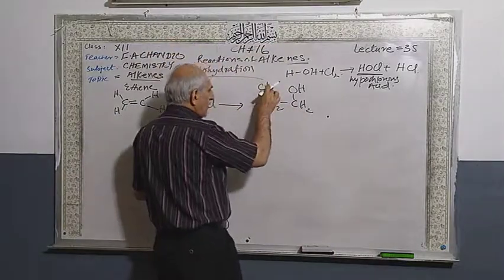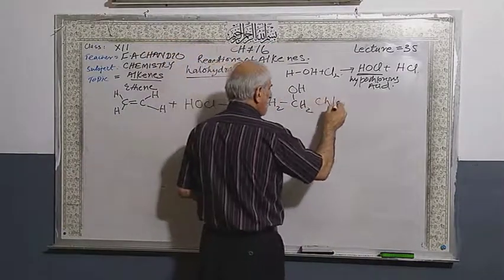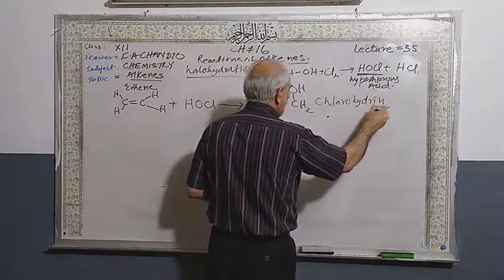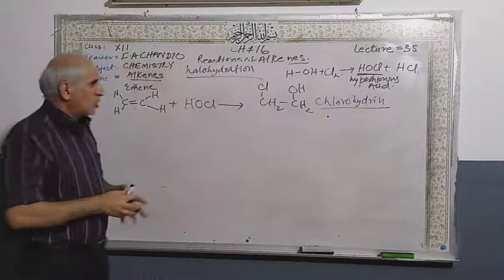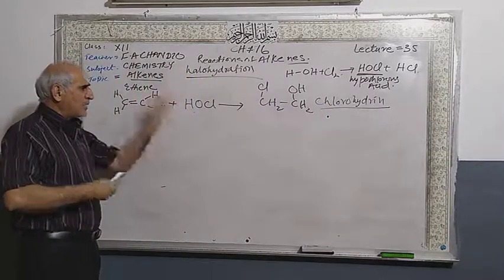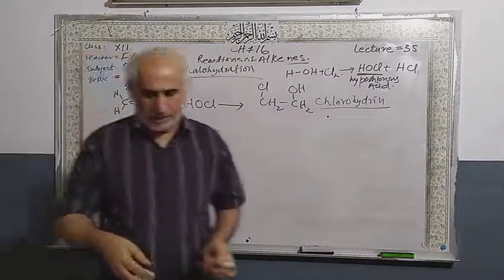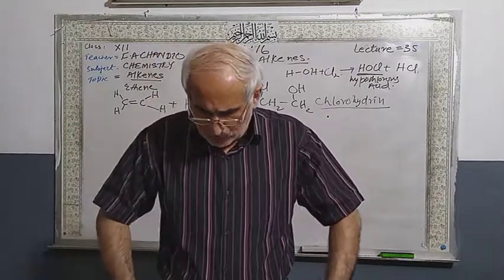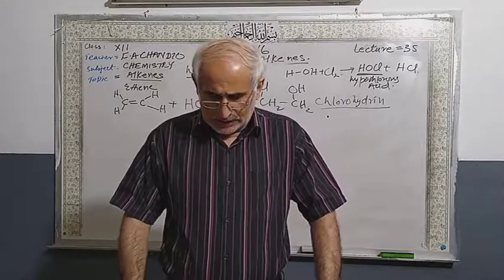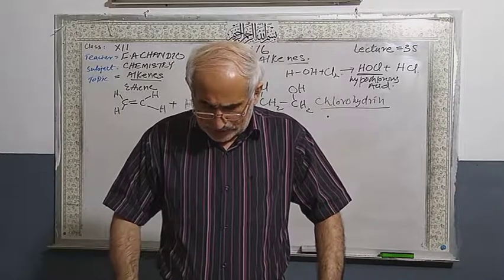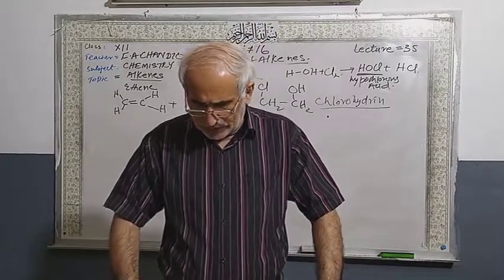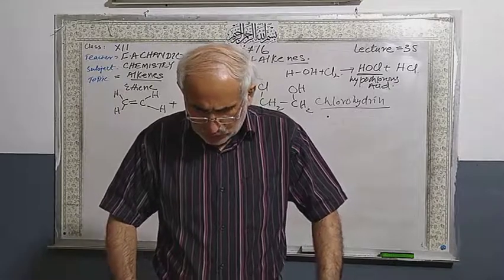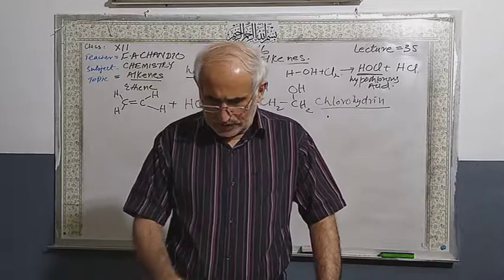This is chlorine, so we write chlorohydrin. If I put X, then you have to write halohydrin. Alkene reacts with hypochlorous acid to give chlorohydrin. In these reactions, molecules of the solvent become reactants too. So this is a chlorohydrin.